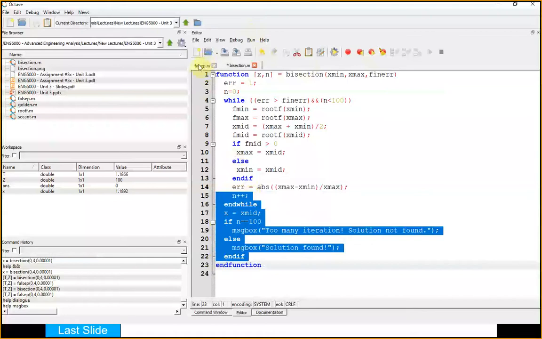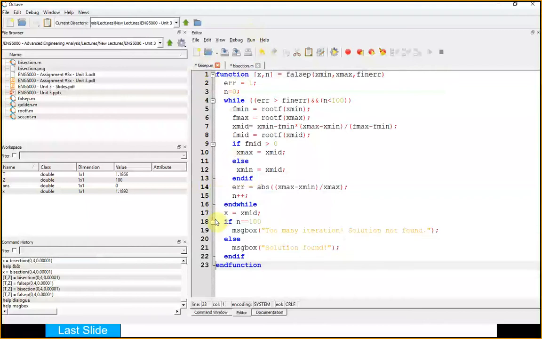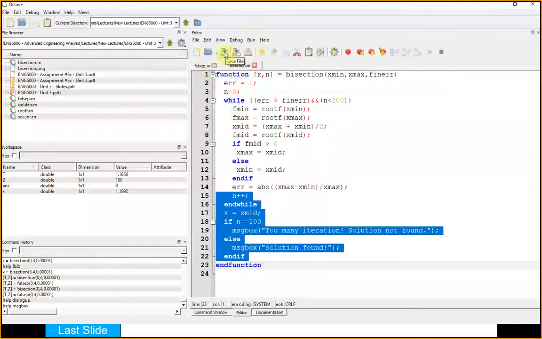I'll do the same thing here. Save. Save.